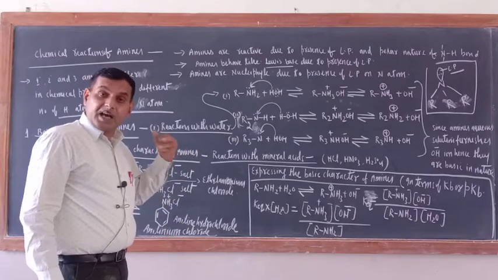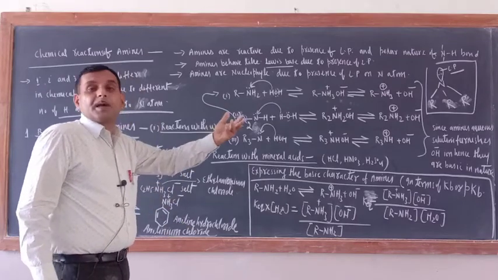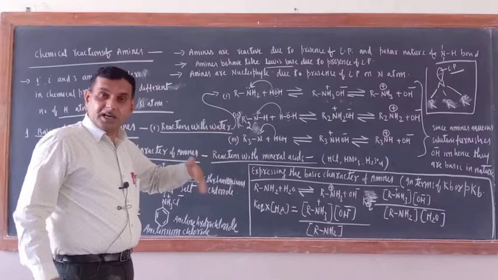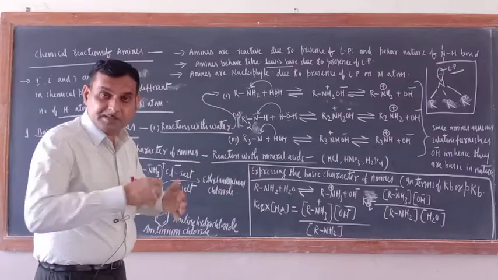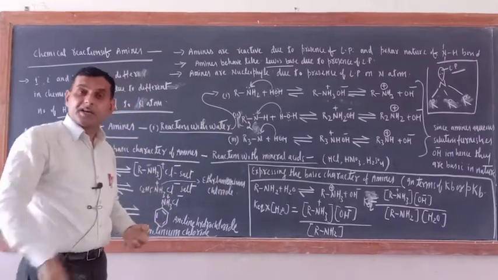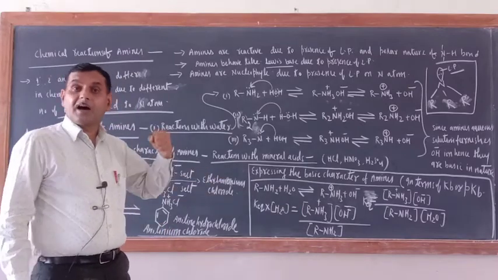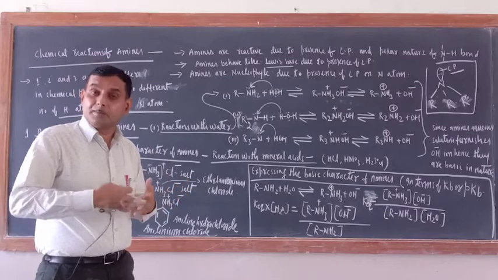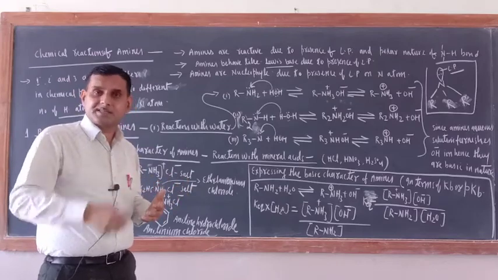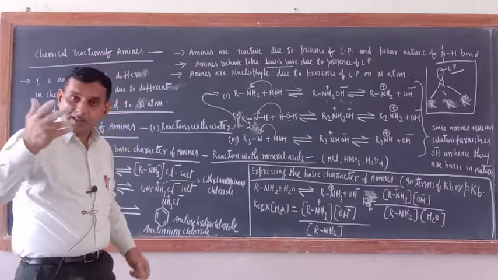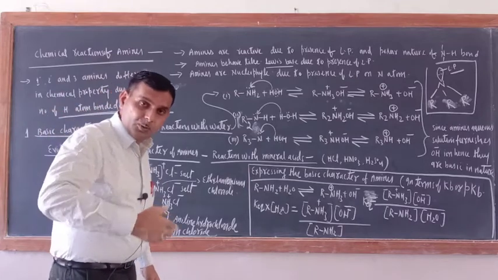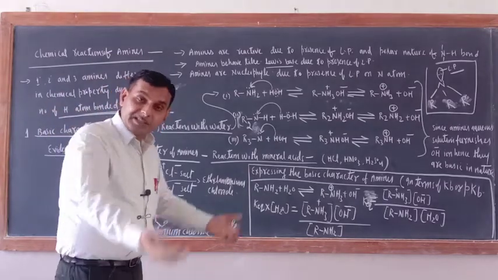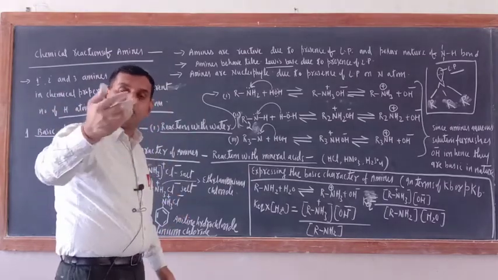Or if they are capable of donating a lone pair of electrons in a chemical reaction, then also they will be considered as a Lewis base. One more thing is there. If they are capable of accepting a proton, then also they will be a Bronsted base. Correct or not? What is a Bronsted acid? That which donates H positive. Which accepts H positive, they are the Bronsted base.